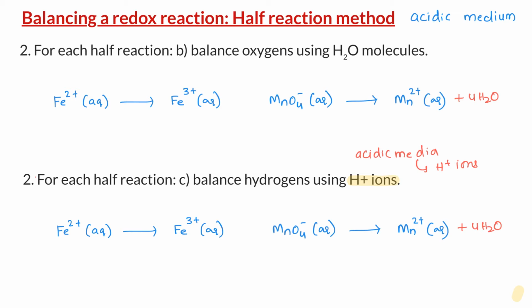For the oxidation half of the reaction, we don't have any hydrogens to worry about. Now let us look at the reduction half reaction. We have 8 hydrogens on the product side and 0 hydrogens on the reactant side. So, to balance these hydrogen atoms, I will add 8 H+ ions to the reactant side.